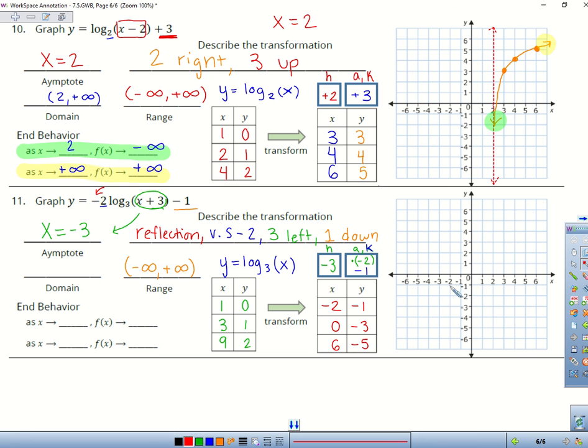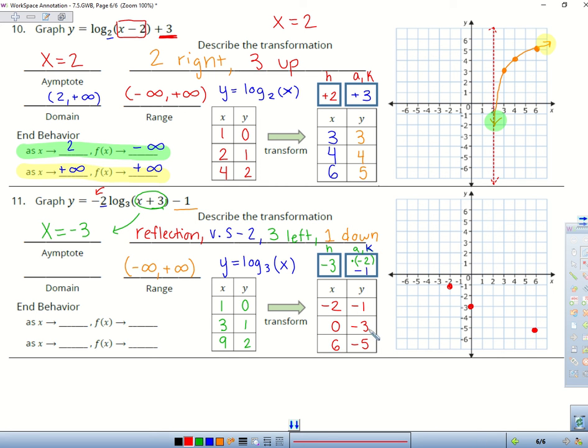So I have negative 2, negative 1, 0, negative 3, and then I have 6, negative 5. H, and then k.